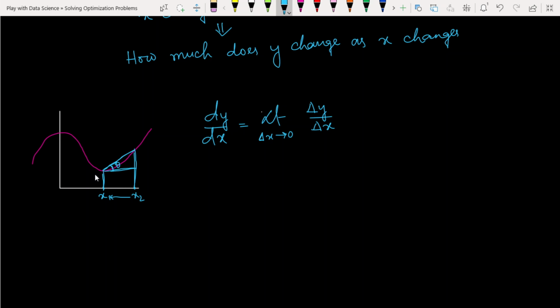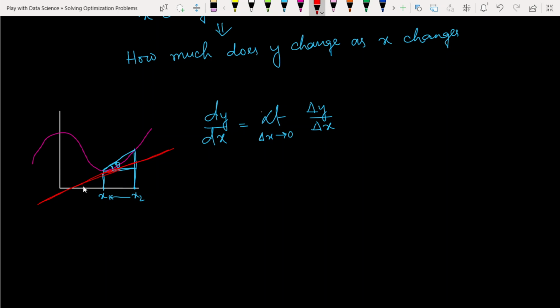If this point moves this way, then the hypotenuse will be the tangent at this point x1. I am denoting it using another color. If x2 moves towards x1, then the hypotenuse of this triangle will be the tangent at that point, x1.